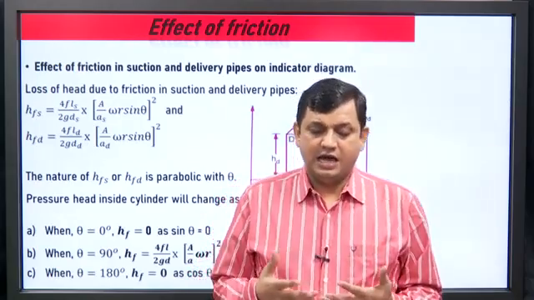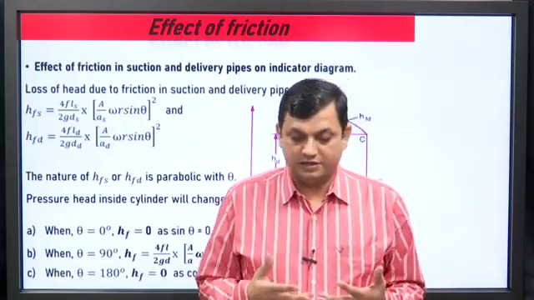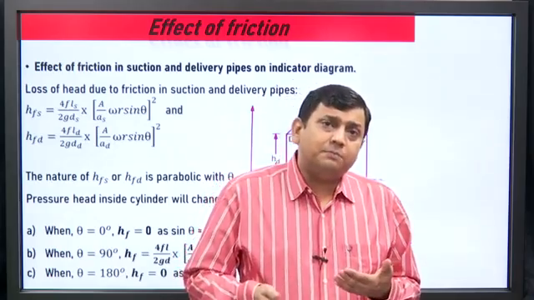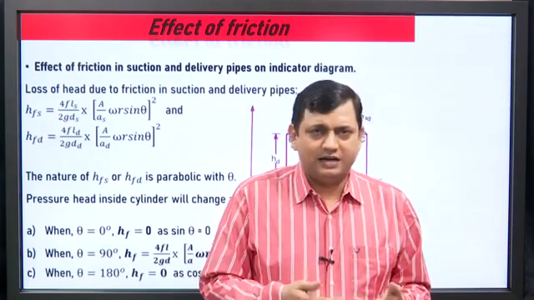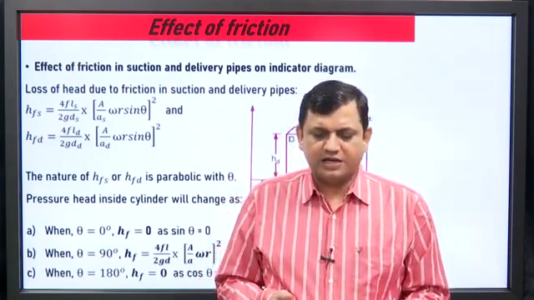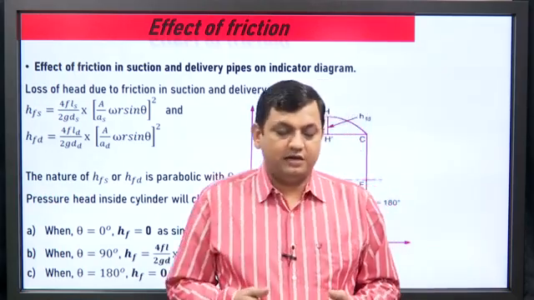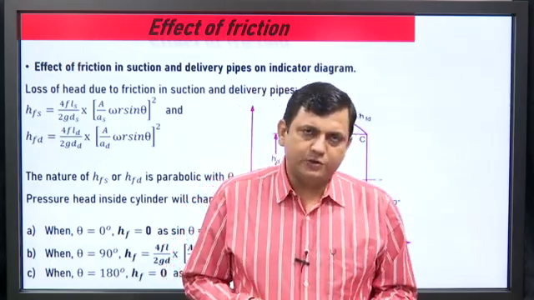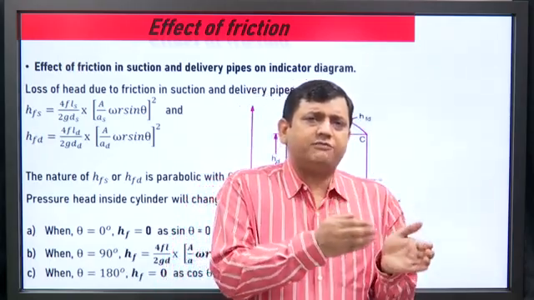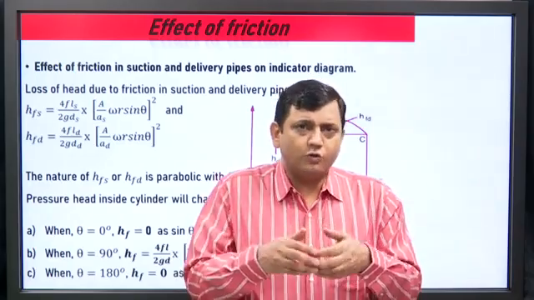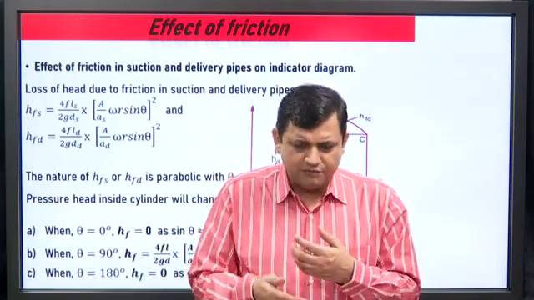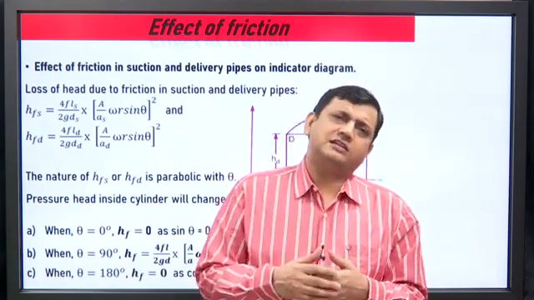If sin theta is sin 0, that is 0. So at the beginning of any stroke friction is 0, and at the end of the stroke, because sin 180 is 0, again Hf equals 0. So at the beginning and end of the stroke there is no effect of friction, but in the middle of the stroke we have already calculated Hf.